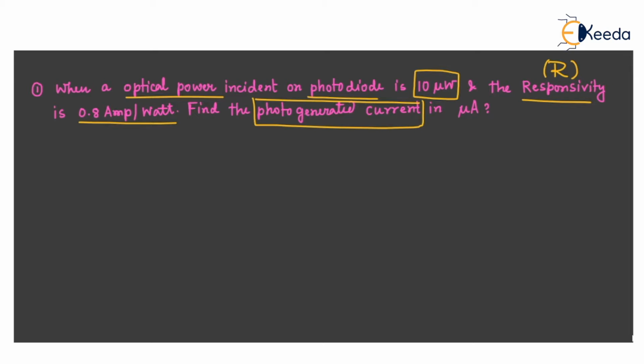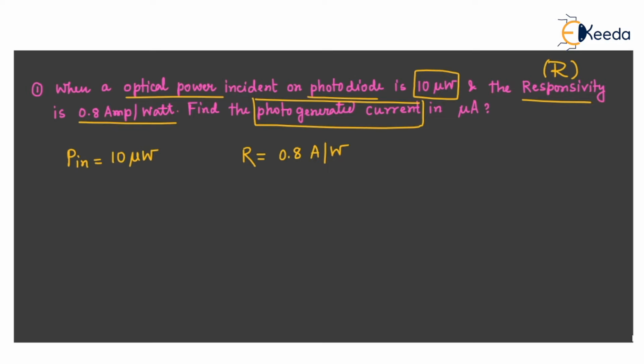For this case, we know that the incident power P is 10 microwatt and the responsivity R is 0.8 ampere per watt.